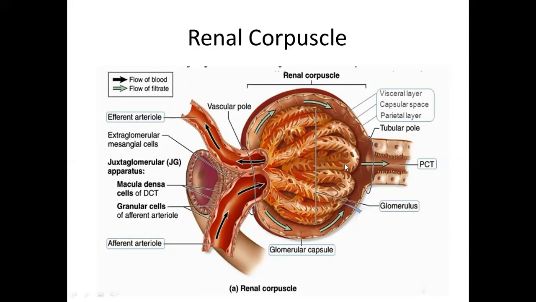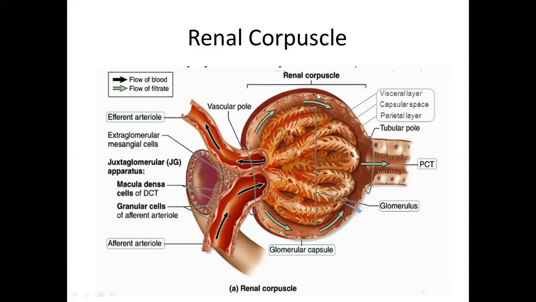And on the opposite side, the part from where the filtrate, which is coming out of these capillaries, is now conveyed to the tubular portions, the first part of which is the proximal convoluted tubule, abbreviated as PCT, that end of the glomerulus will be termed as tubular pole or urinary pole.